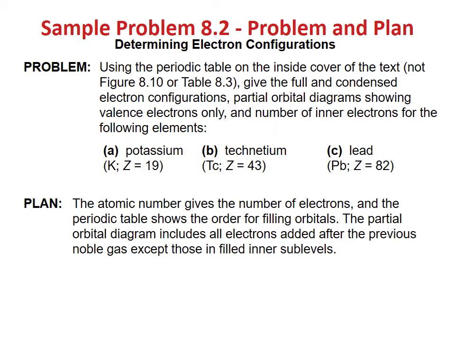Atomic number gives the number of protons and therefore the electrons also. And then from the periodic table, we also know the order of filling orbitals. The partial orbital diagram includes all electrons added after the previous noble gas, except those in filled inner sublevels.